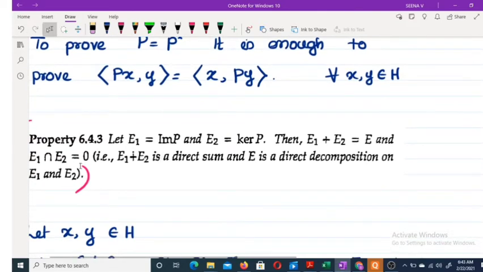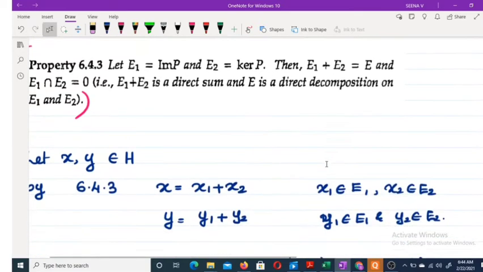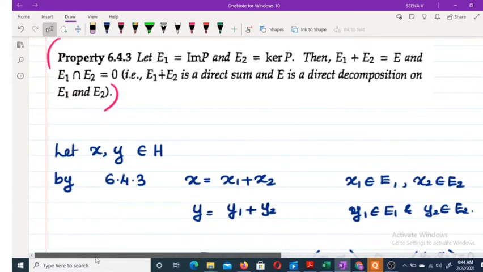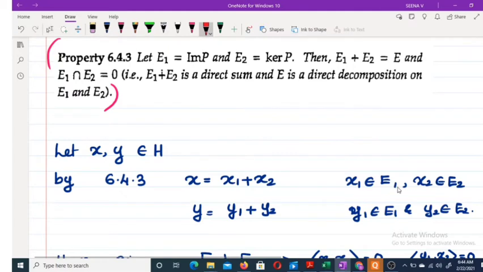Just recall one property that we discussed in our last class. If E1 equals image P and E2 equals kernel P, then E equals E1 plus E2. Using this result, for every x in H you can write x as x1 plus x2, where x1 belongs to E1, which is image P, and x2 belongs to E2, which is kernel P. Similarly for y, y1 plus y2.